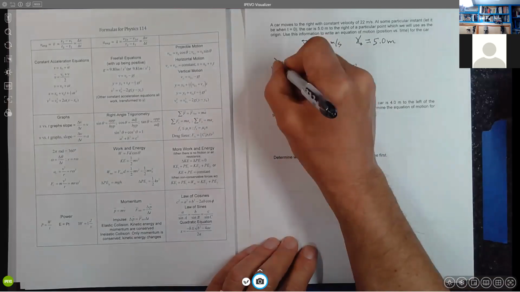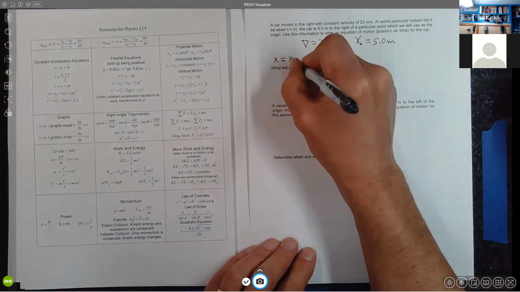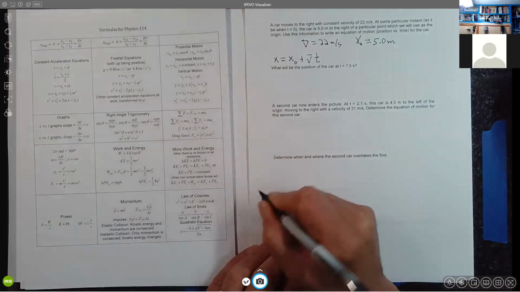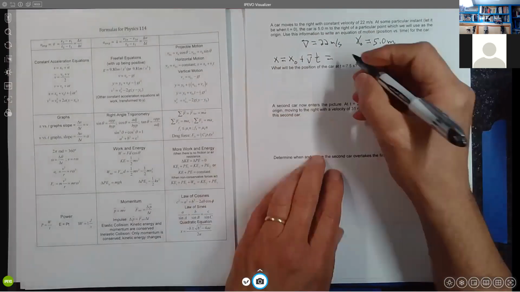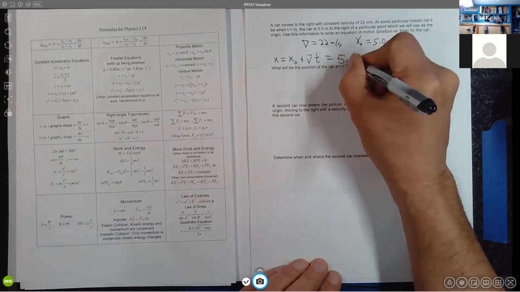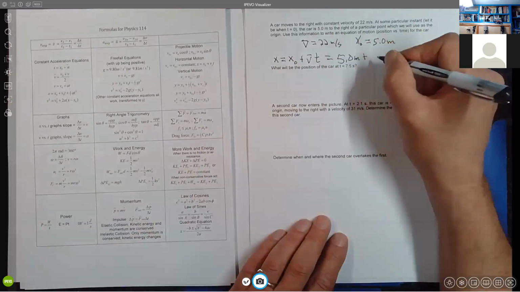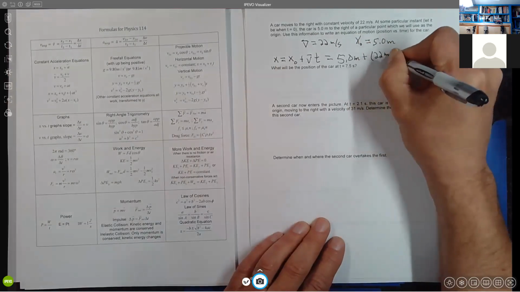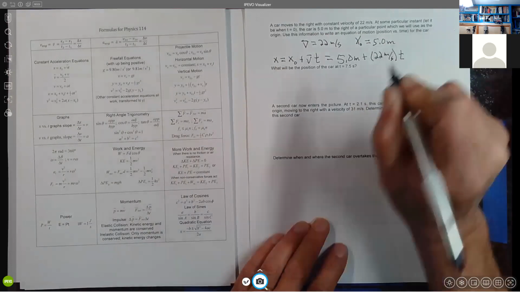Well, here is our generic form. x is equal to x naught plus v average times t. I just have to plug in 5.0 meters for x naught, plug in 22 meters per second for v average, and I'll wrap it in parentheses just to keep things a little bit tidy, times t.